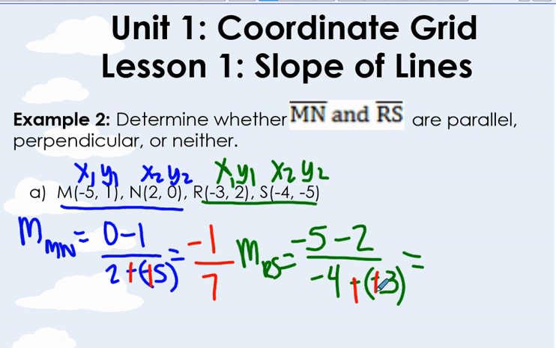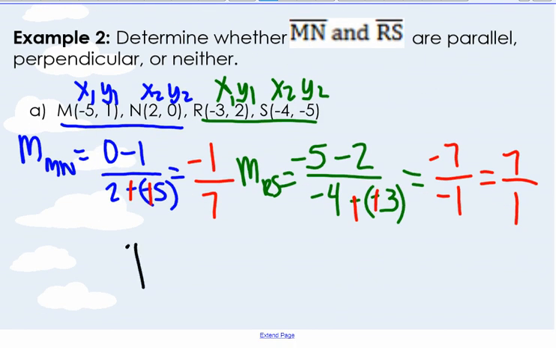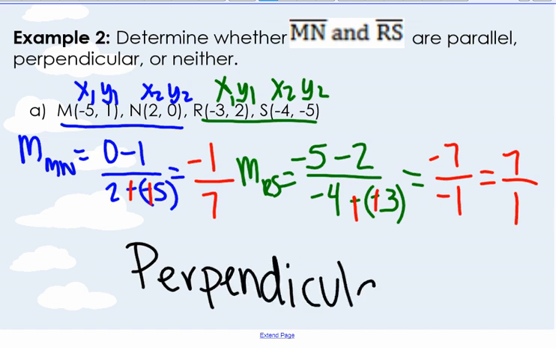So you've got -5 minus 2, which gives us -7, and -4 plus 3 gives us -1. A negative divided by a negative will give us a positive. So we've got a -1/7 and a positive 7 over 1, which means these will be perpendicular lines. So they are opposite and reciprocal. Okay?